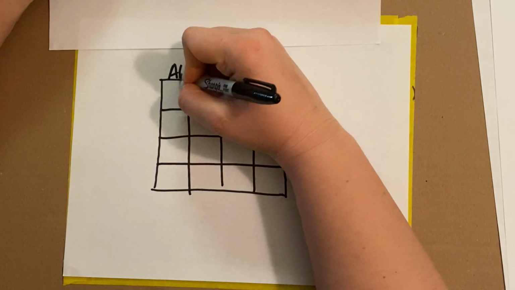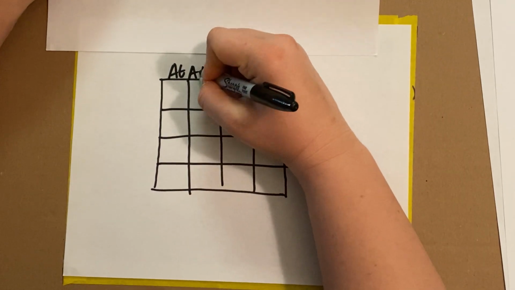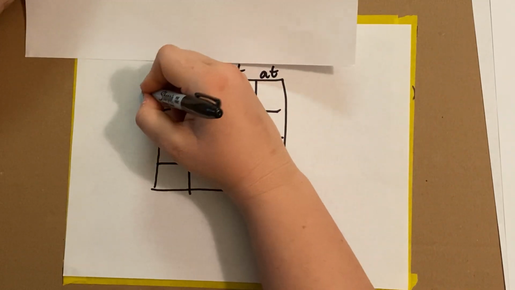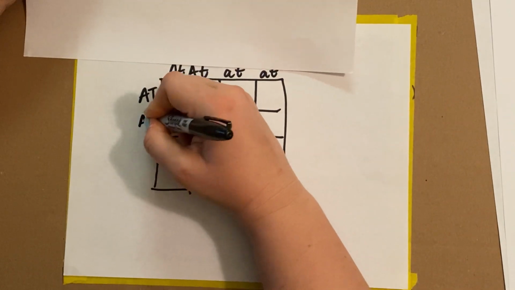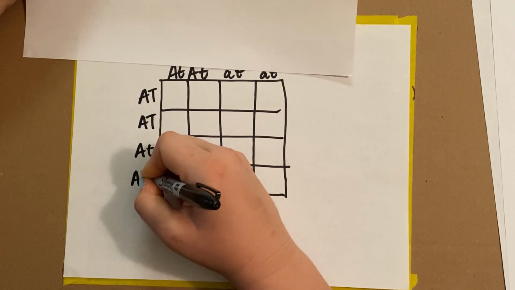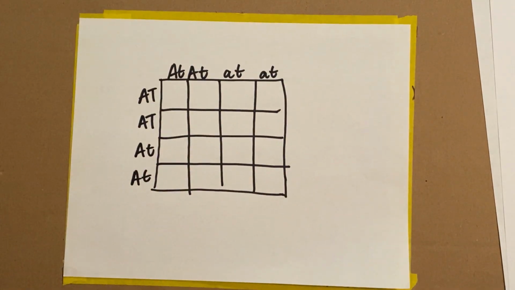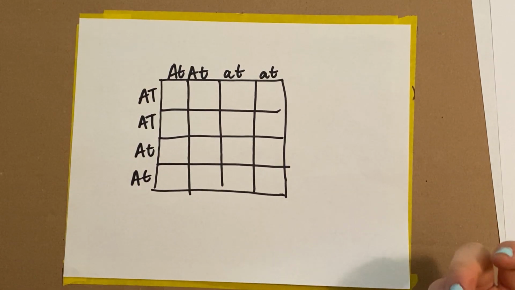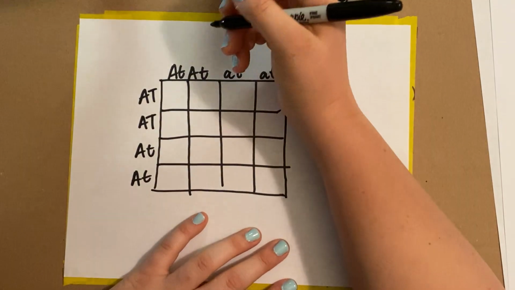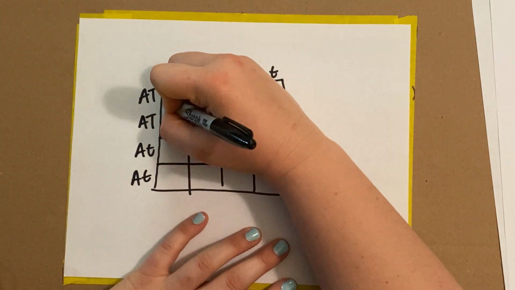So this is big A, little t. Okay, and then I'm going to take my male ones right here. Okay, and then what's going to happen is you go through and then you have to write out these. So I'm not going to say these out loud because I tend to mess up when I start saying them out loud. So I'm just going to write them.